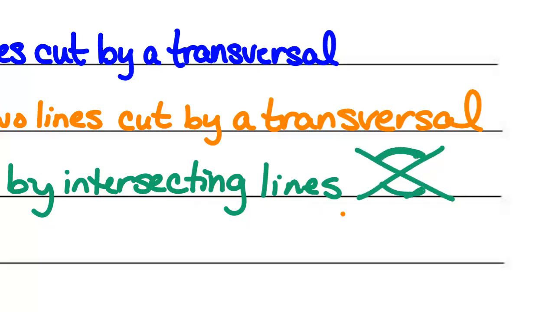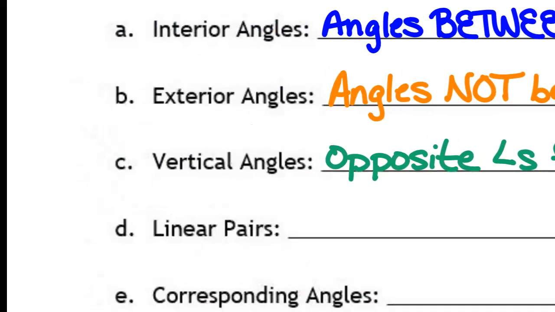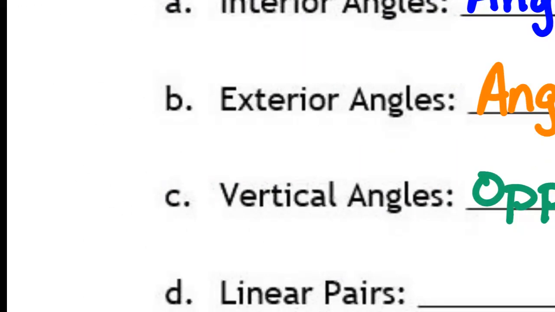So like these two. And what's the relationship for vertical angles? They are congruent. Vertical angles are congruent.